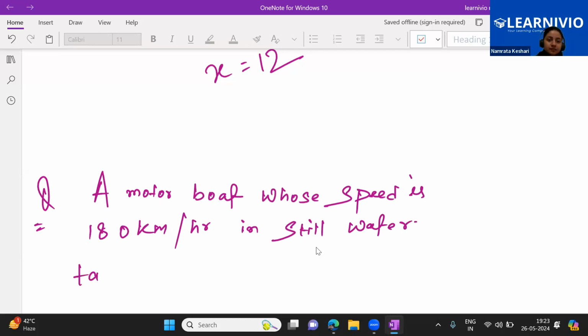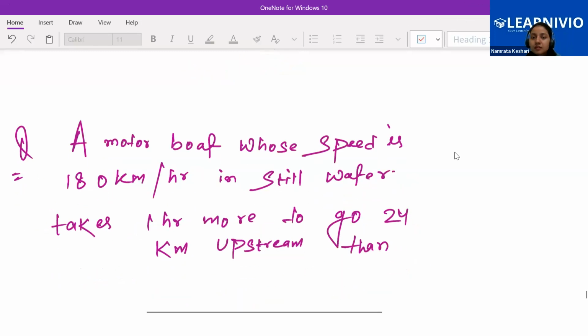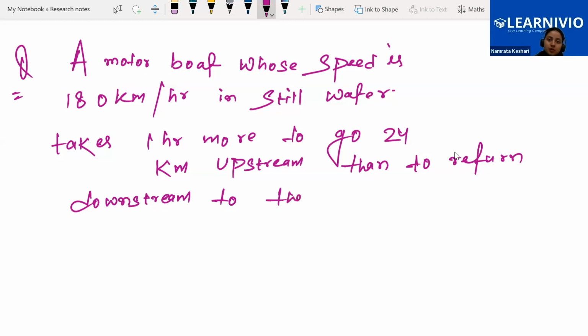It takes 1 hour more to go 24 km upstream than to return downstream to the same spot.